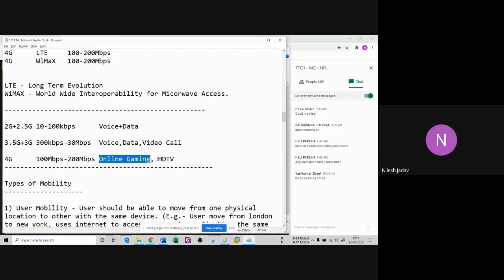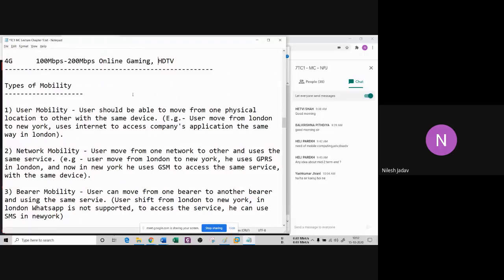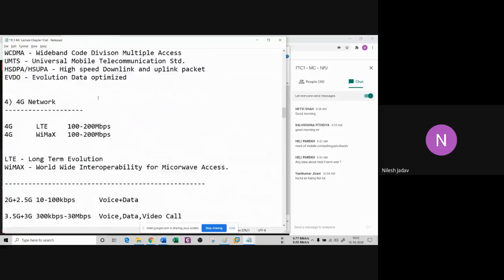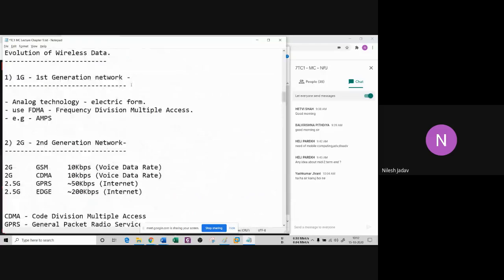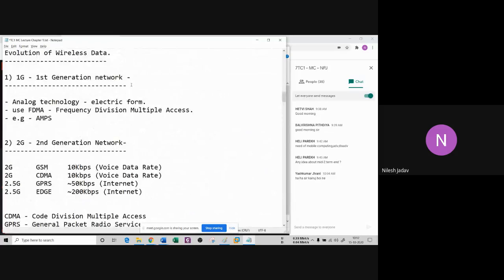So CSGO, PUBG, and all you are playing. I mean, there is one more game, Valorant or something like that. I do not remember, but people are crazy about those kinds of games, Call of Duty and multiplayer. So this is a basic introduction to the generations of networks as an evolution of wireless networks. Do you find any problem in this?